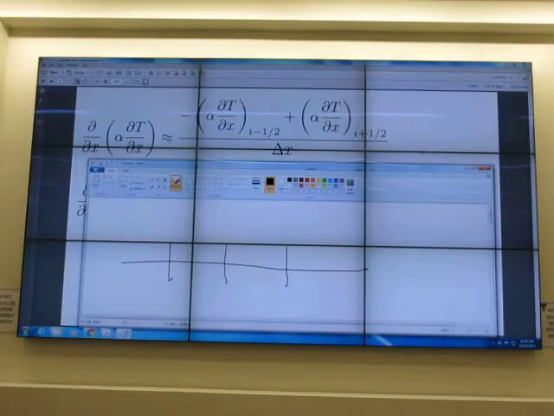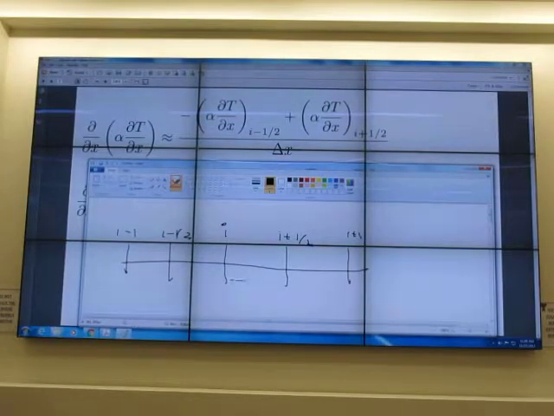We have I minus half and I plus half, and over here will be I minus 1, and over here will be I plus 1.